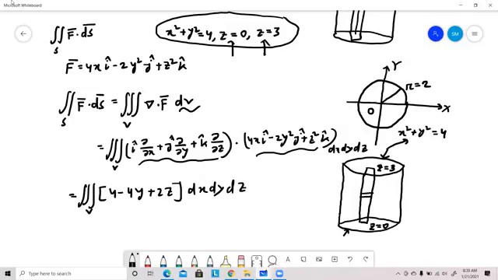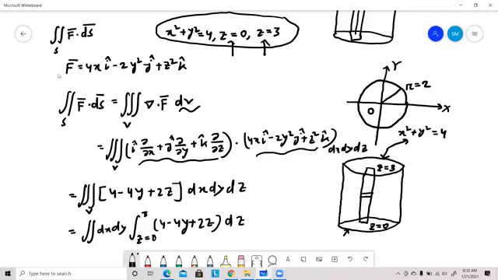Now we can impose these limits for z directly. So dx dy, integration z equal to 0 to 3, 4 minus 4y plus 2z into dz. Okay, we separated z.